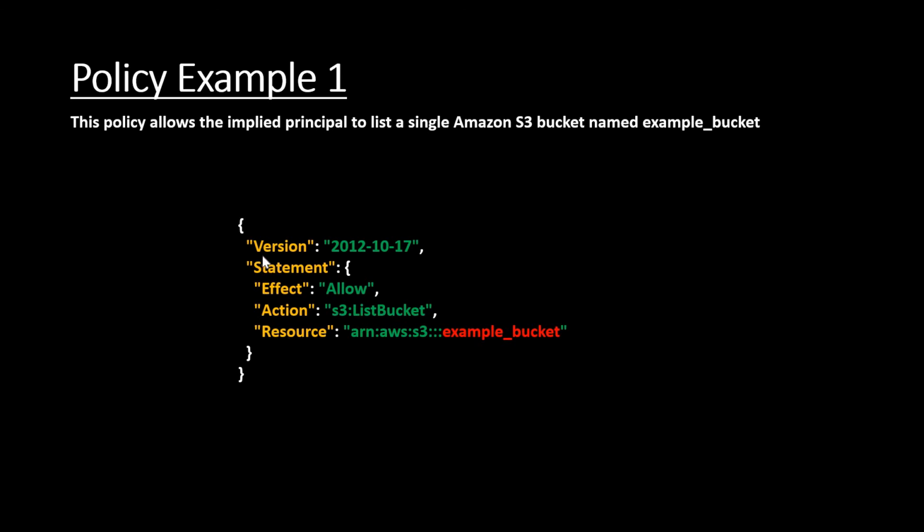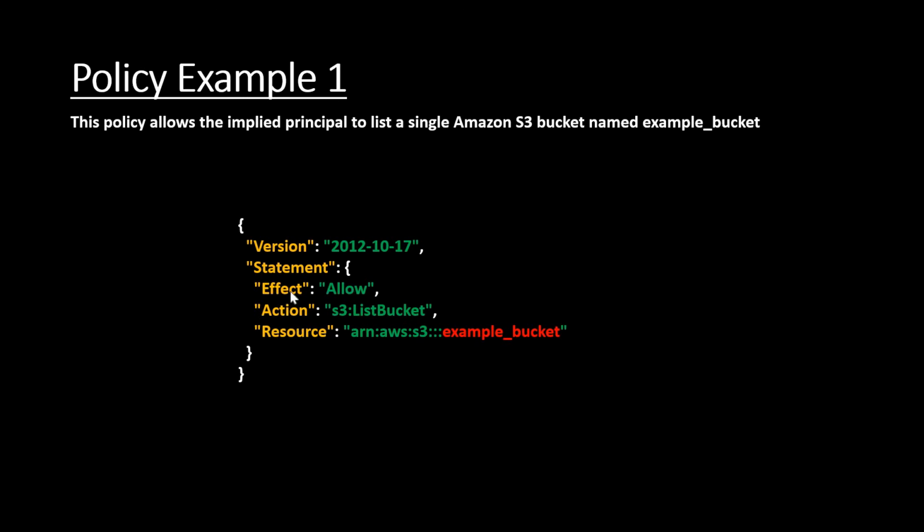And you can see here we have given a version which is the latest policy version, and we have one statement here. And the statement, as we said, is a container inside which we specify the elements of the policy. So first is effect allow.